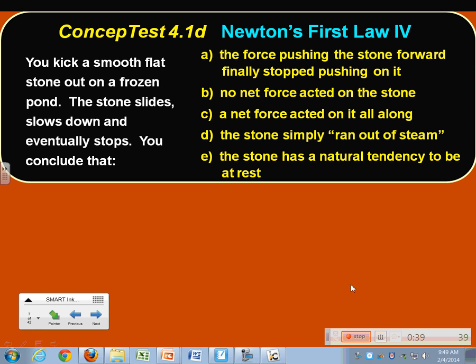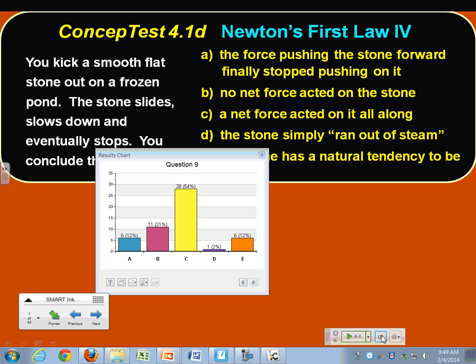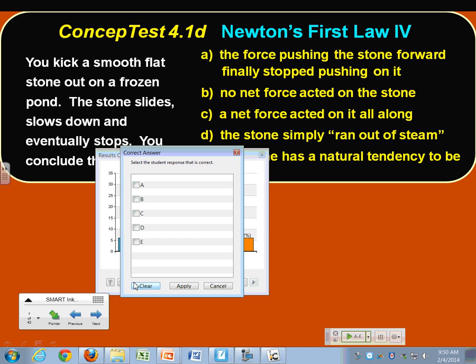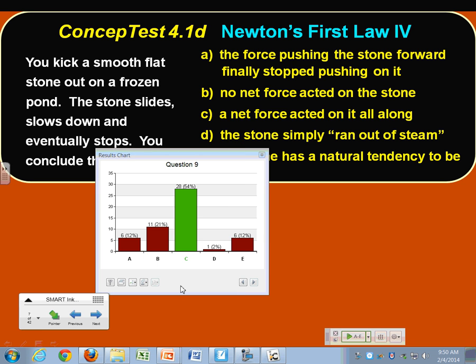Just guess if you don't know. Hey, very good. Y'all are getting better. So y'all are getting more Newtonian, because C is the right answer. Well, 54% of you are getting more Newtonian.